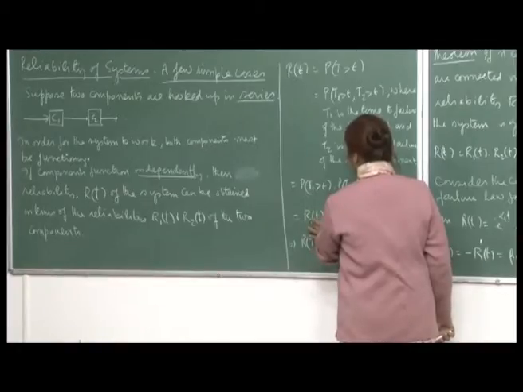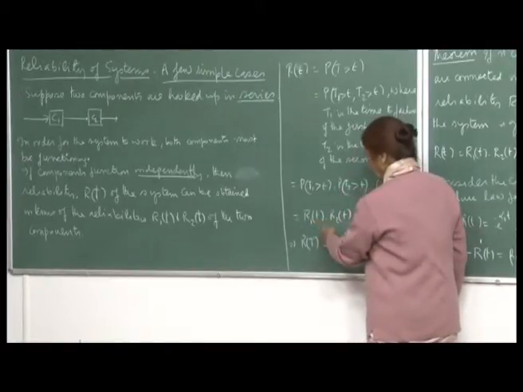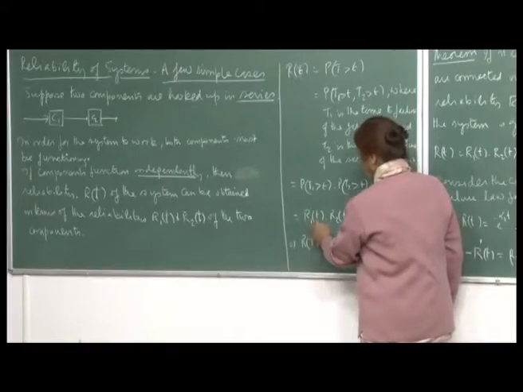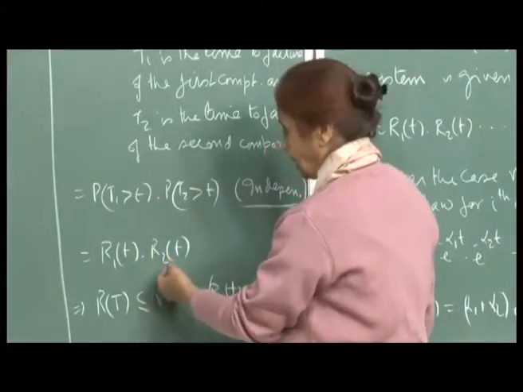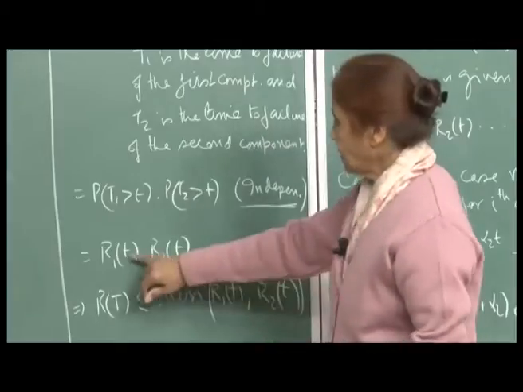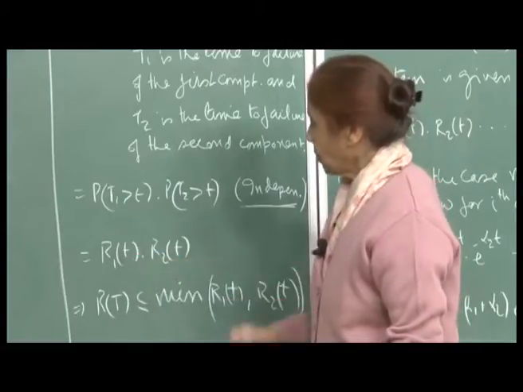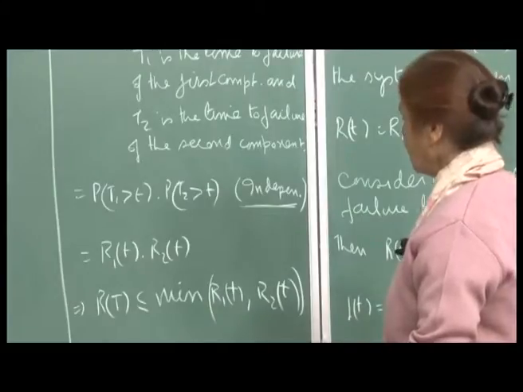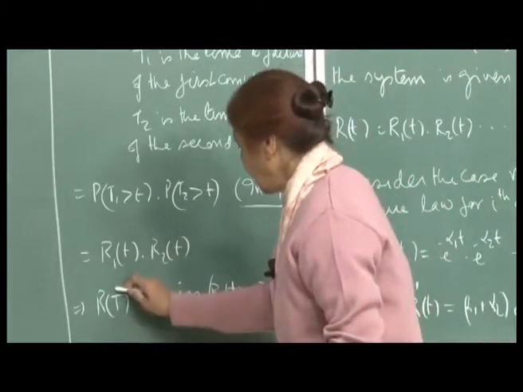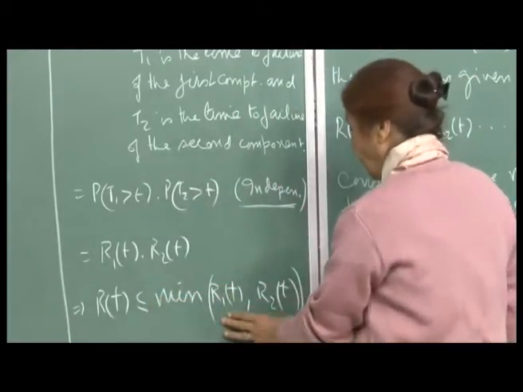Now, because these are probabilities, each of the numbers is less than 1. Therefore, this product would be less than the smaller of the two. If R2(t) is less than R1(t), then I am multiplying R2(t) by a number less than 1, so the whole product is still less than R2(t). Similarly, if R1(t) is the minimum of the two, then I am multiplying R1(t) by a number less than 1, and the product is again less than R1(t). So R(t) is less than or equal to the minimum of the two.